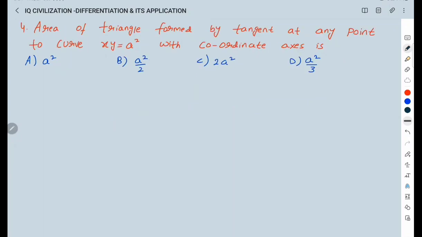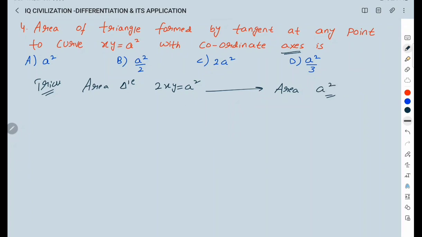So here we need to find the area of the triangle formed by the tangent at any point on the curve xy is equal to a square with the coordinate axes. So here is a small trick. If the form is 2xy equals a square, then the area is nothing but a square.